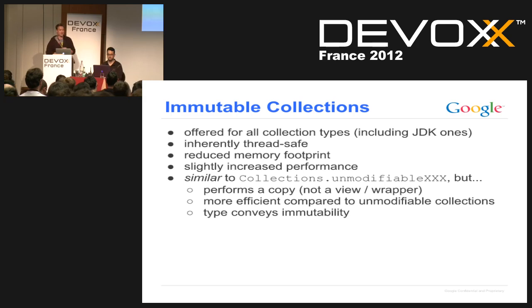They're also typically more efficient than the unmodifiable collections. And finally, the types convey immutability. So instead of storing these as a List of Foo, we actually use ImmutableList as the type. Even though it's not an interface, think of it as an interface. That is, immutability is right there in the interface name.